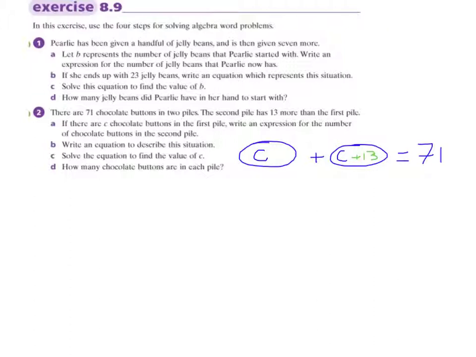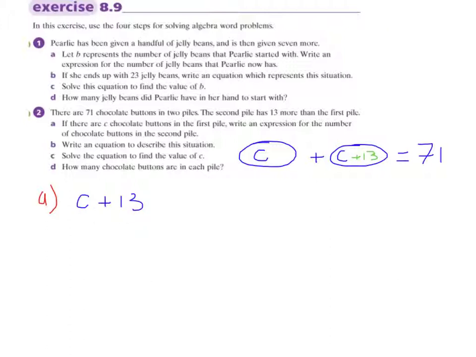So for part A, I've got my answer, which is C plus 13. By thinking out aloud, reading it and drawing a picture, I've already got my answer to part A.